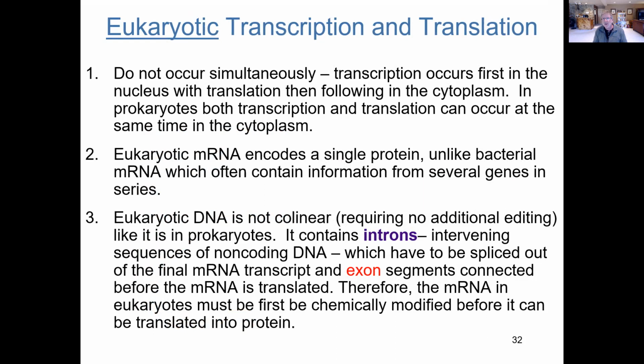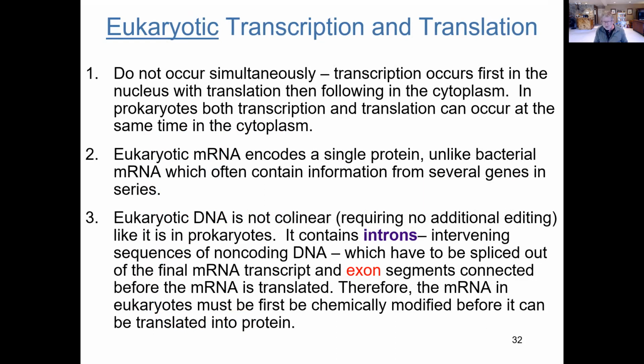In eukaryotic transcription, there will be segments of that messenger RNA that will ultimately not be translated. So we've got to do a little bit of RNA splicing here. So let's talk about that.